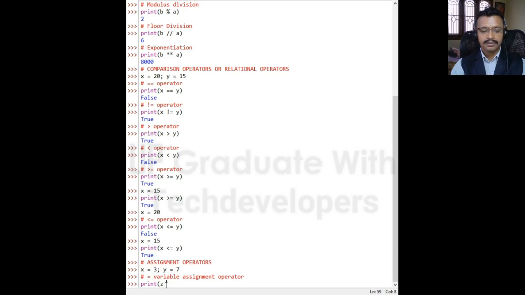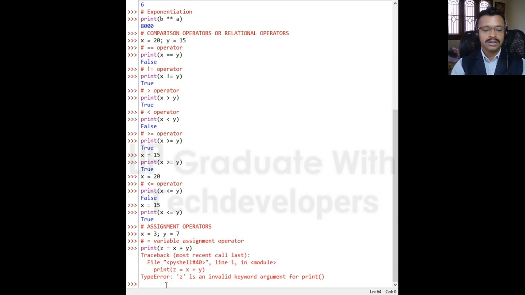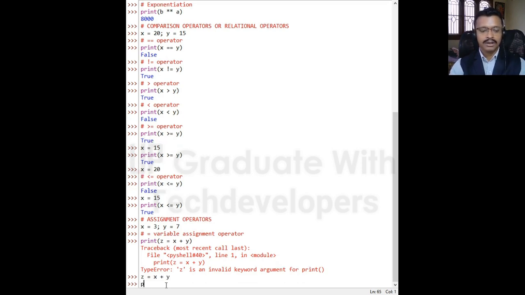So inside the print statement, if I use z is equal to x plus y, let us see what happens. It results in an error, so we can't use an expression inside the print statement directly. So let us keep z is equal to x plus y, and then print the result z.